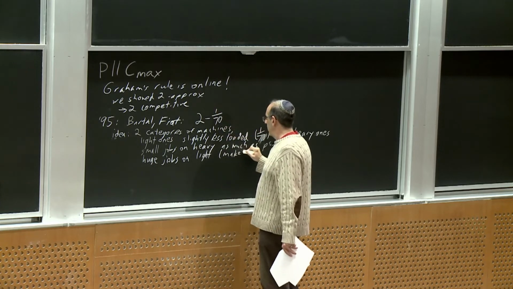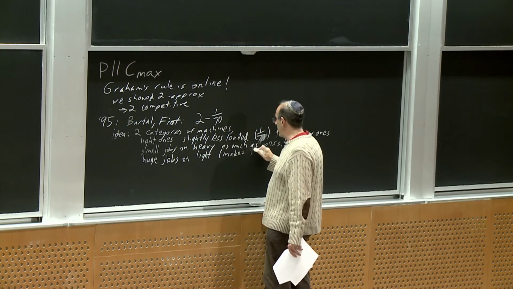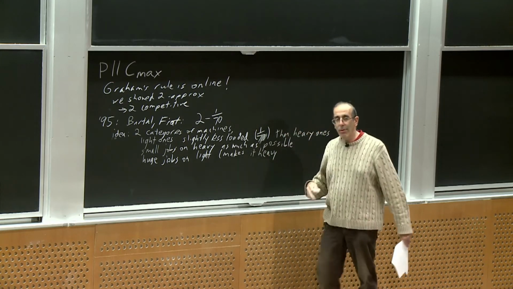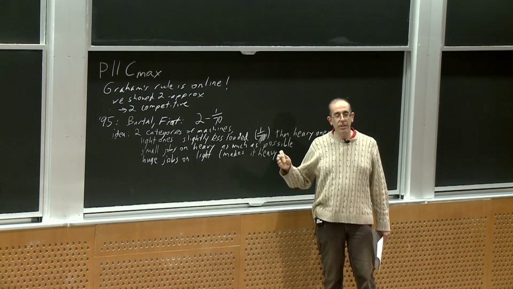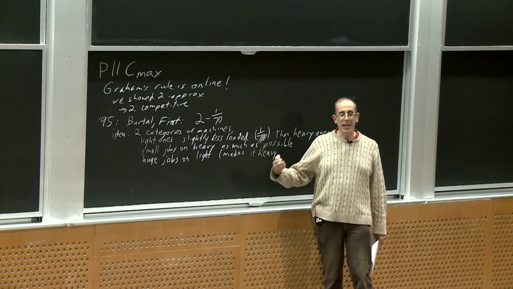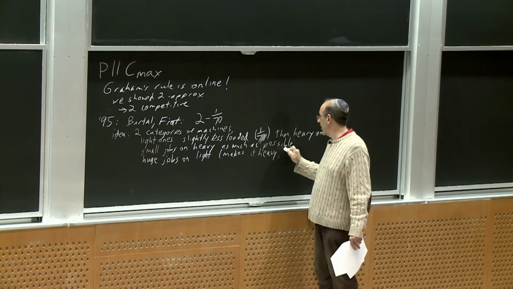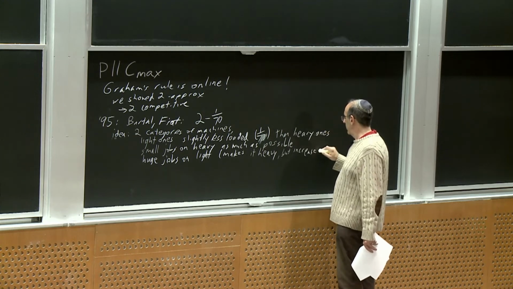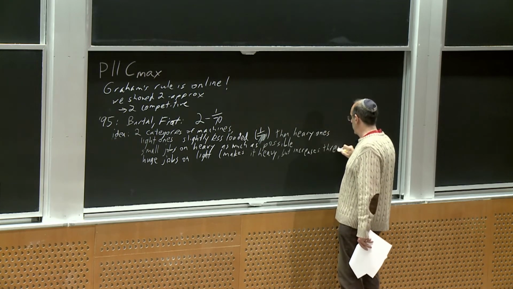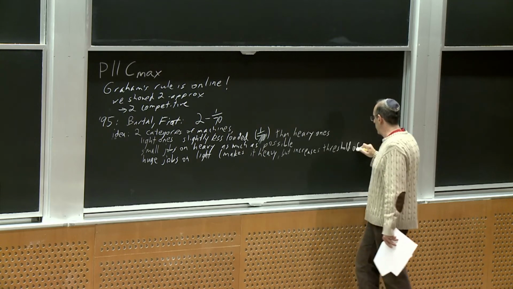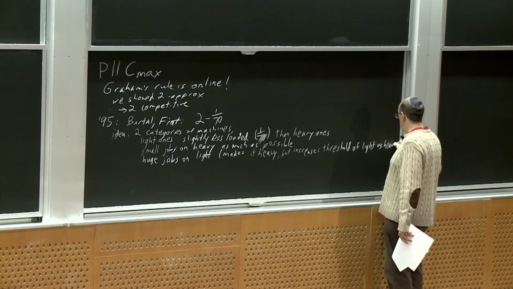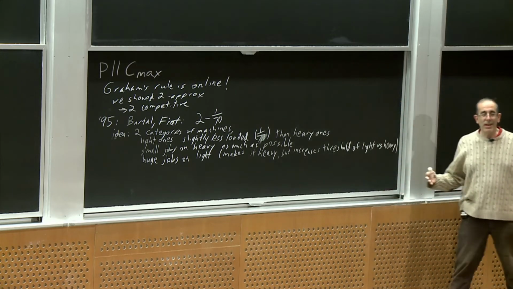Now, putting a huge job on a light machine makes it heavy, but the arrival of this extra work also changes the threshold of what it means to be light or heavy. And that's where the 1/70th comes from.